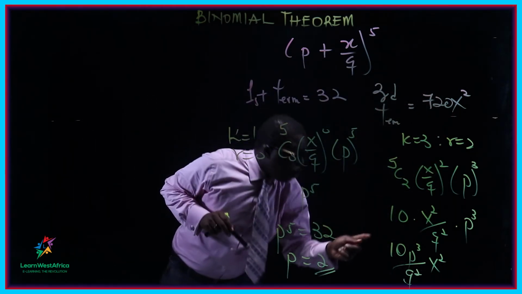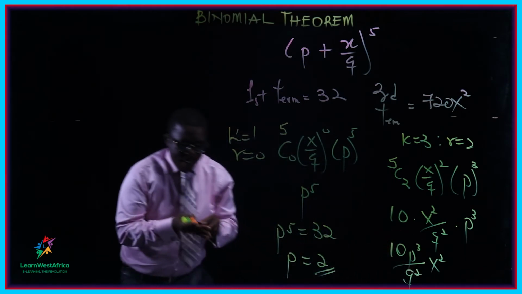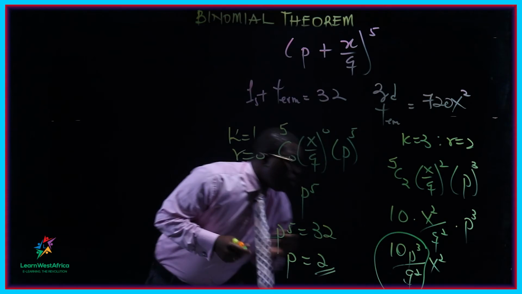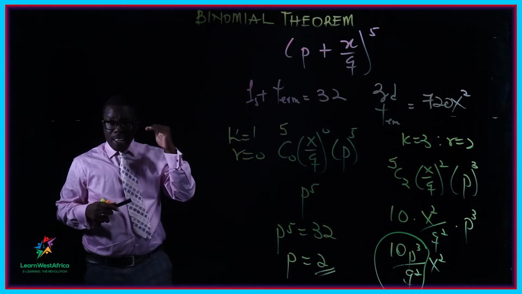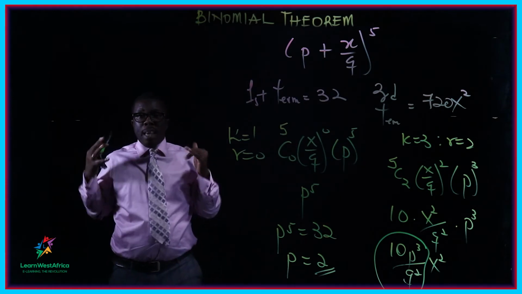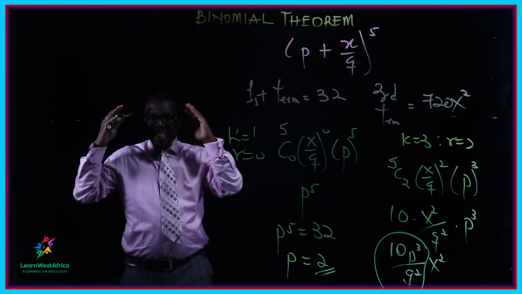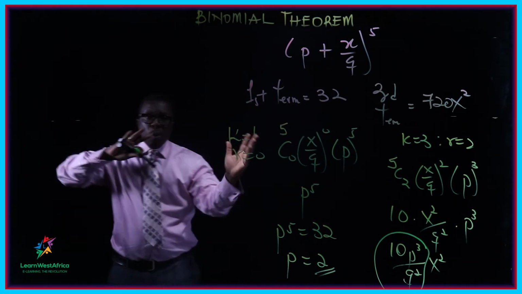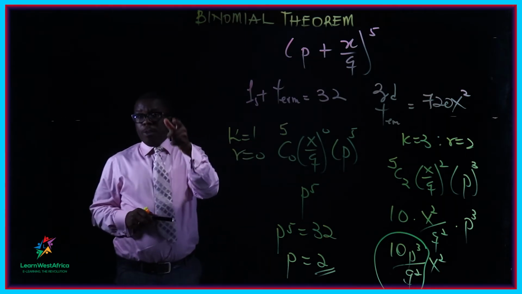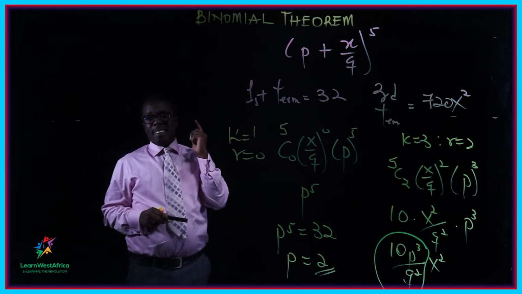Then the 720 will be equal to all that you have here. So all of that should be equal to your 720. Is that clear? So that's how you always have to try and compare the coefficients in an exam. Anytime you have such an algebraic problem, take your time, resolve it, and do a comparison of the coefficients. The question may not necessarily tell you to compare coefficients, but you have to remember that.